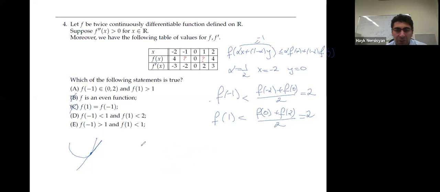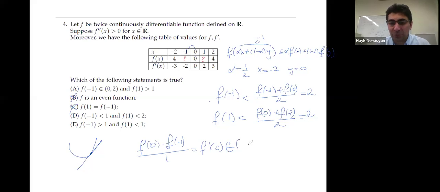Okay, f(-1) minus f(0) divided by -1 minus 0. Maybe it is better to write f(0) minus f(-1) divided by 1 equals f prime at some point c. c belongs to the interval from -1 to 0. Here is our c. Do you agree that f prime c is from 0 to 2?